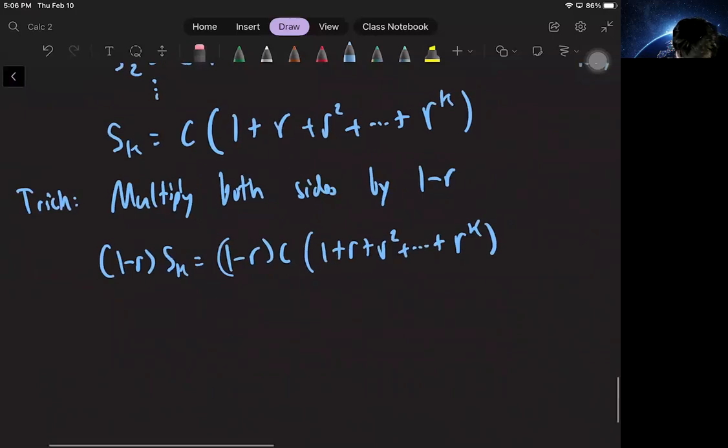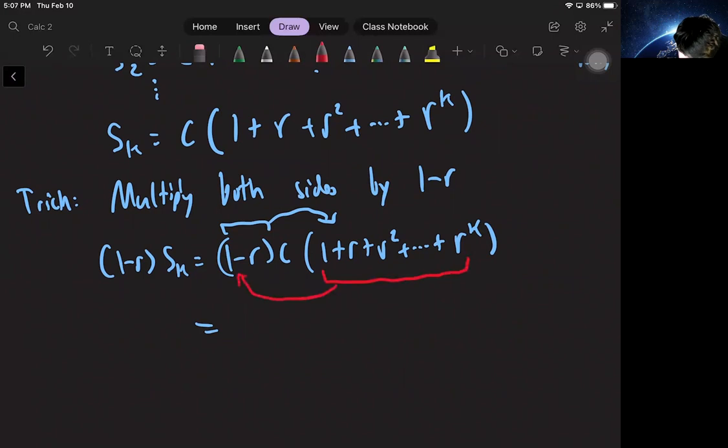And then on the right side, let's distribute this through. So how's that going to look? Well, you can think about it as this whole big thing times 1, which just is another copy of itself. So the c we're leaving on the outside. So 1 times this whole big thing doesn't really do anything to it.